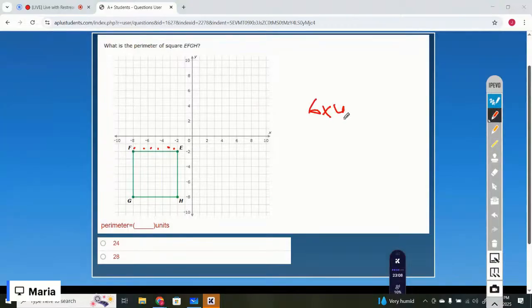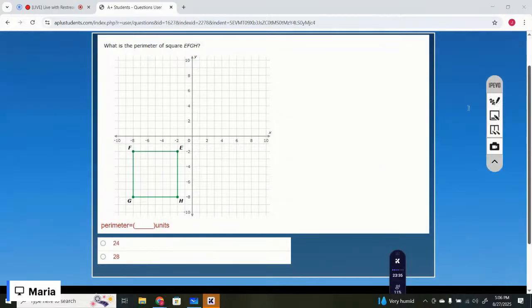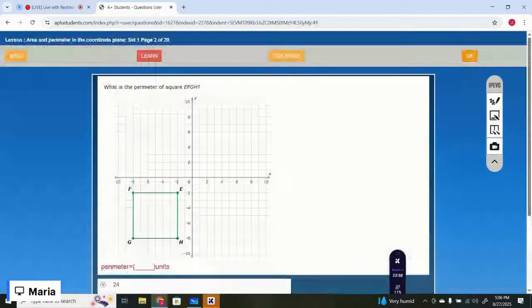The square has all four sides equal in length. So to calculate the perimeter, we need to add all the side lengths, 6 plus 6 plus 6 plus 6. That is 24. Option number 1 is the correct option. The perimeter of this square is 24.